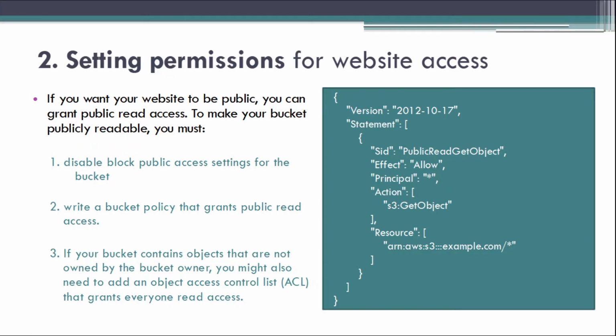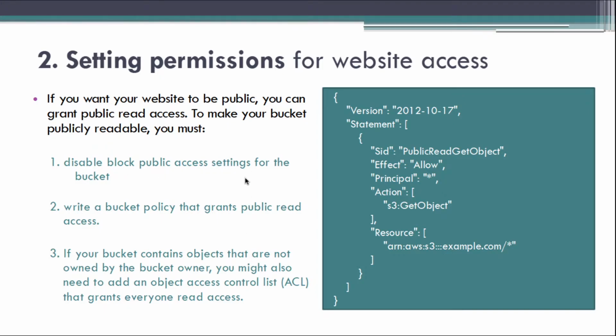And third, if your bucket contains objects that are not owned by the bucket owner, you might also need to add an object access control list (ACL) that grants everyone read access. So in the set permission, the first step is you need to disable block public access setting.